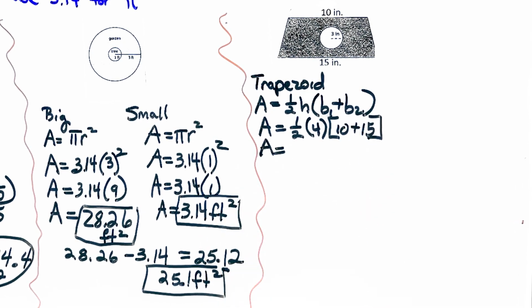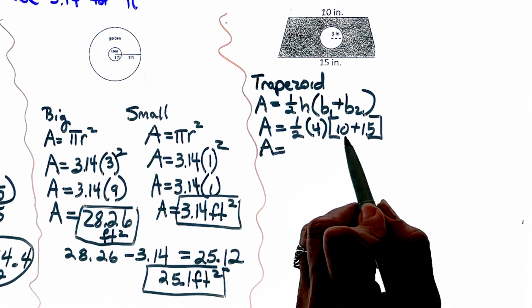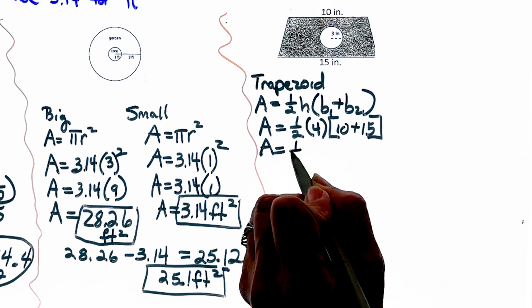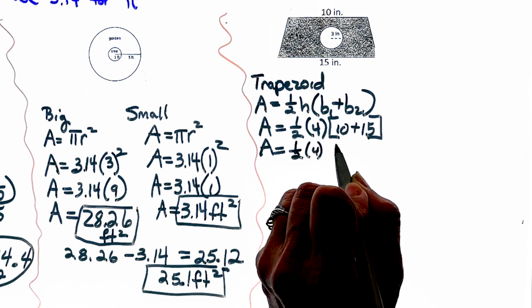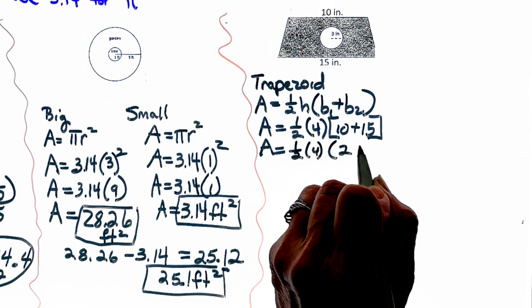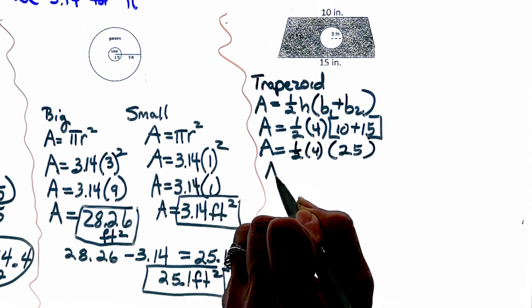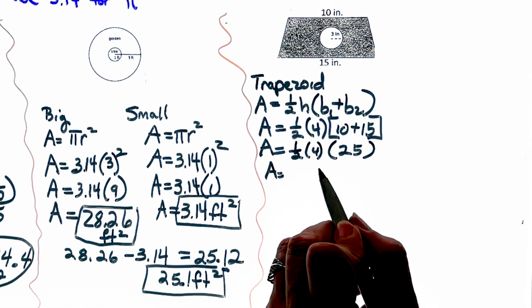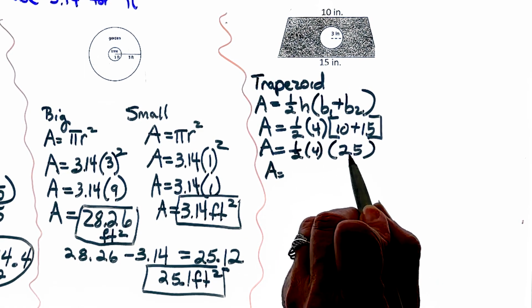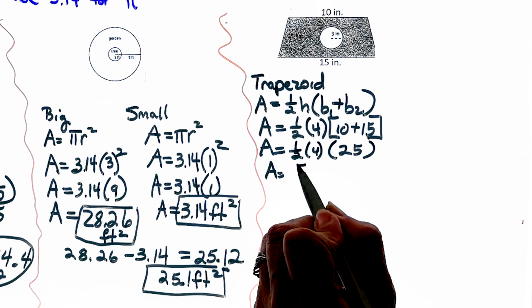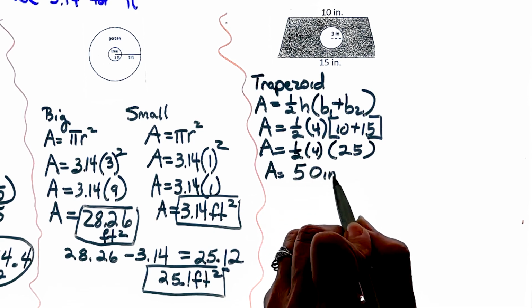So order of operations, I can go ahead and add this. So it's 1/2 times 4 times 25. And we know that 1/2 of 4 is 2, and 2 times 25 is equal to 50. And that is inches squared.